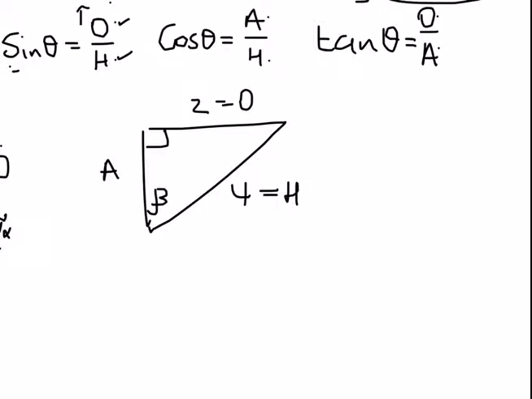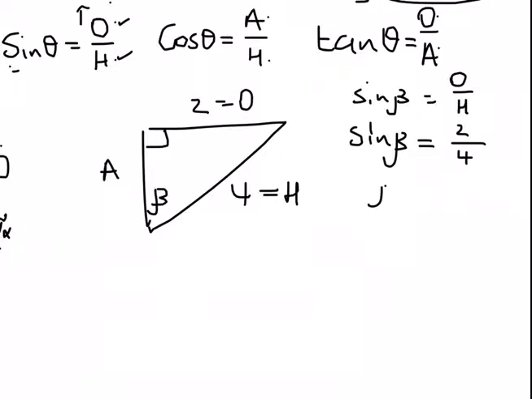So you will easily say sine of an angle, in this case the angle is angle beta, equals, you firstly write the formula, opposite over hypotenuse. Then sine of that angle equals, what is opposite? Opposite is 2 over what is hypotenuse? Hypotenuse is 4. Then the next step is for you to remove that sine.